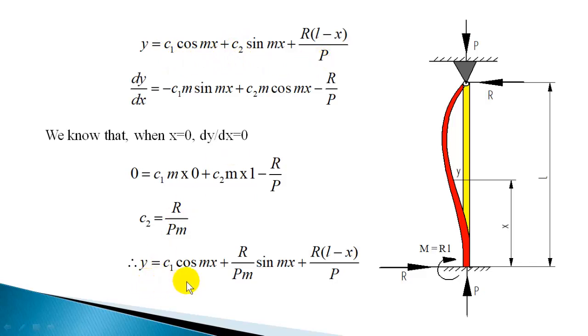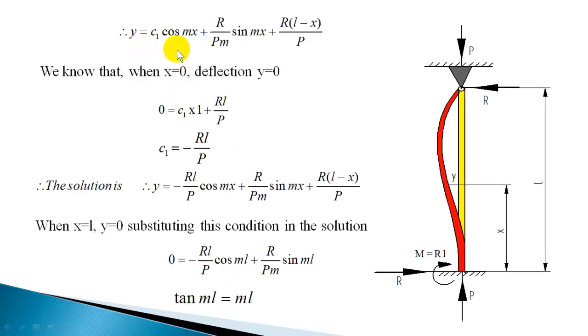You can write down this equation once again. Y is equal to C1 cos mx plus, instead of C2, R by Pm sin mx plus R into L minus X by P. So the solution is after substituting C2. Now another condition: at this end, x is 0, y is 0. So we will put this condition in this equation. Cos 0 is 1, so you get C1, and sin 0 is 0, so that part is 0.